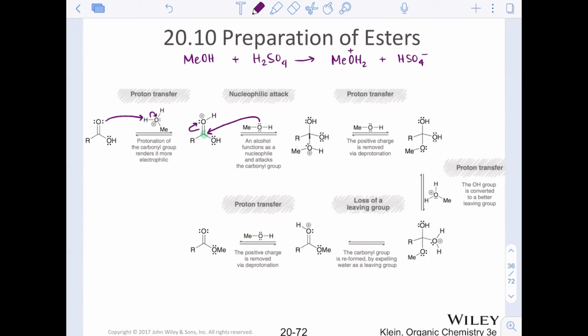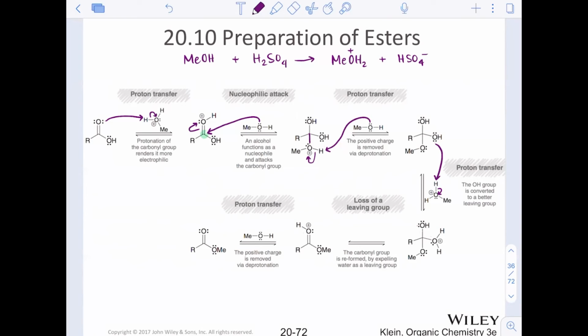That creates, again, a new carbon-oxygen bond and the tetrahedral intermediate. Now, a second equivalent of methanol will come in and deprotonate that nucleophile so that it is neutral. And then the oxygen of the carboxylic acid, OH, will get protonated.